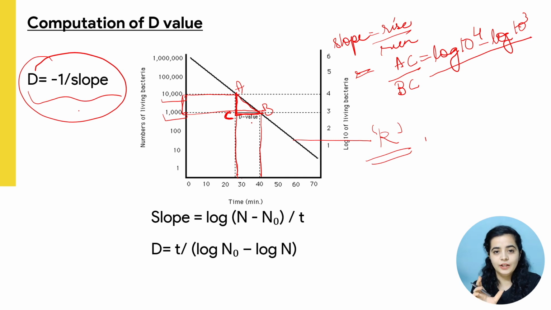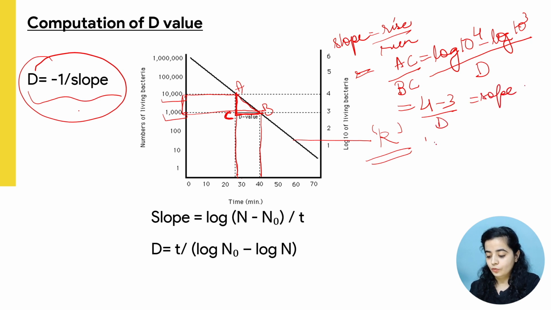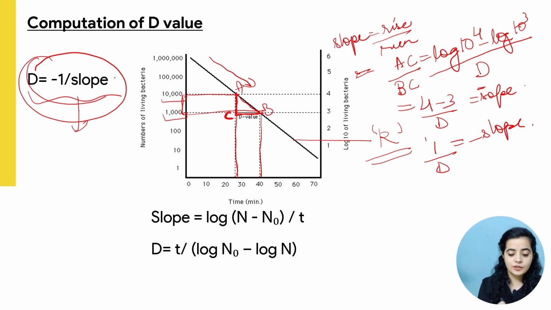Here is your D value, that is time in minutes. So we get 4 minus 3 upon D is your slope. One more thing to note is your slope is declining, so it will have a negative sign. So 1 upon D is minus slope. Therefore, we get the relation D is equal to minus 1 upon slope.